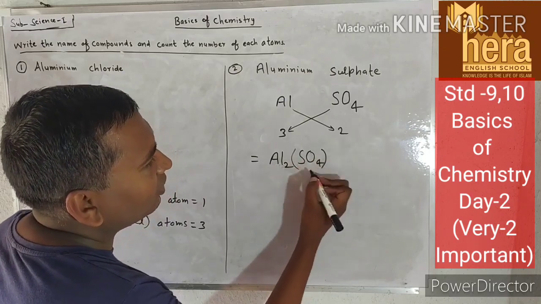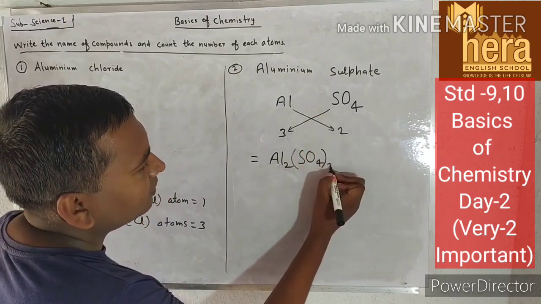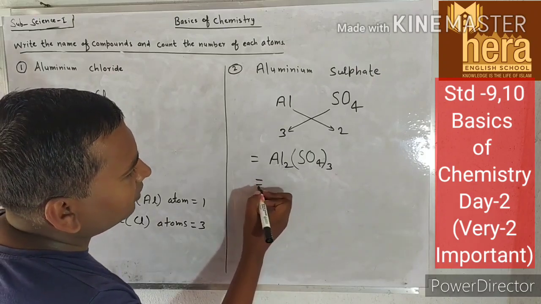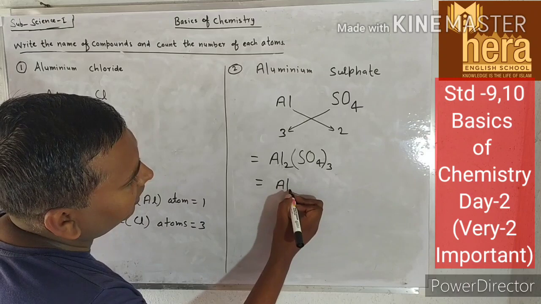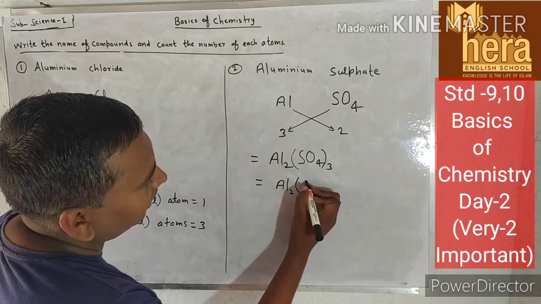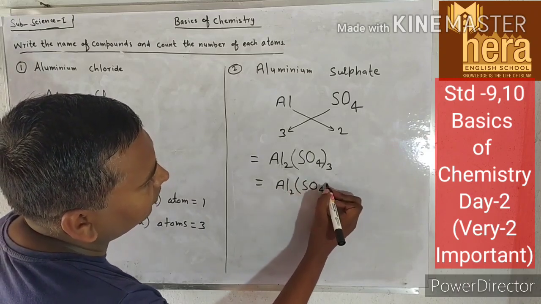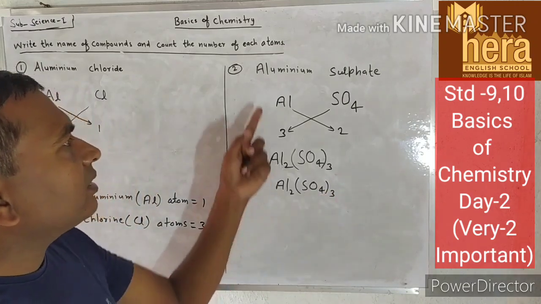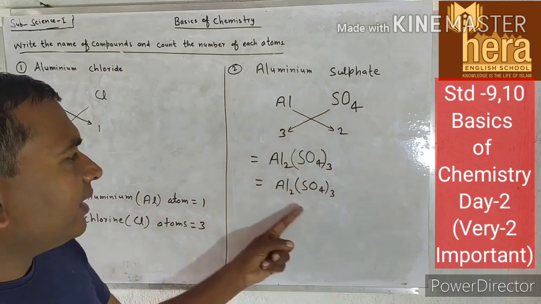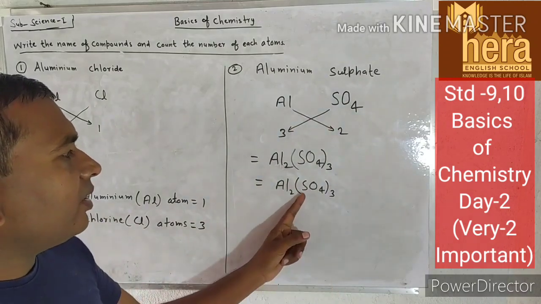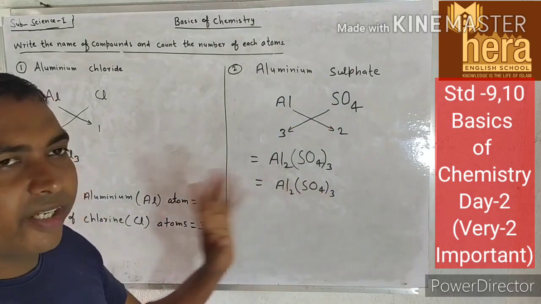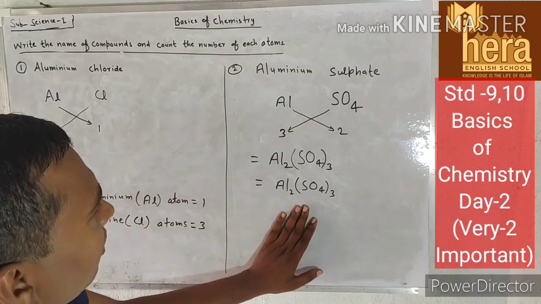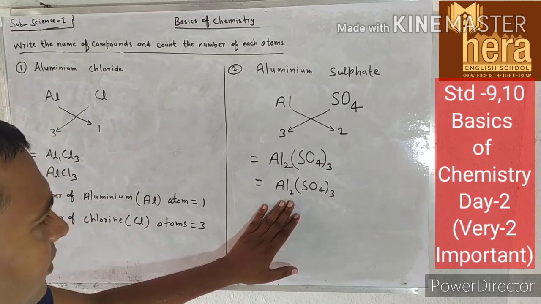SO4, bracket close, 3. So this will be equal to Al2(SO4)3. It means in chemistry you will write aluminium sulfate as Al2(SO4)3. This is aluminium sulfate. Now you have to count the number of atoms.